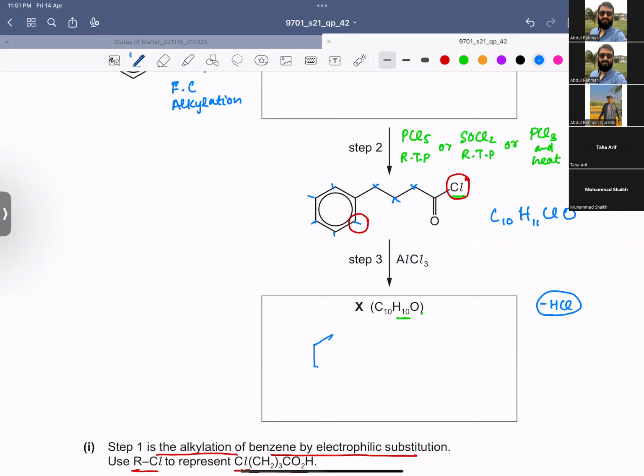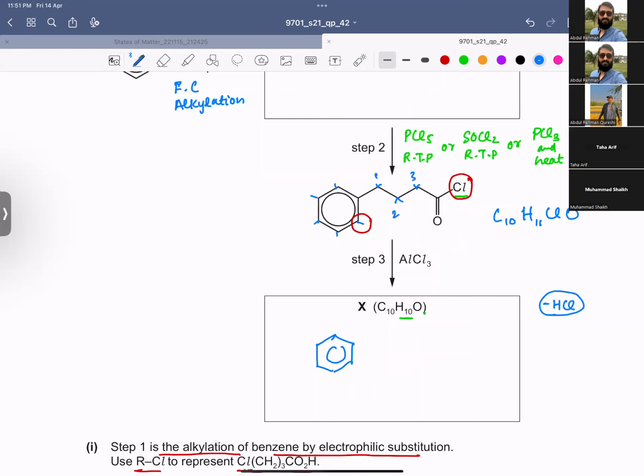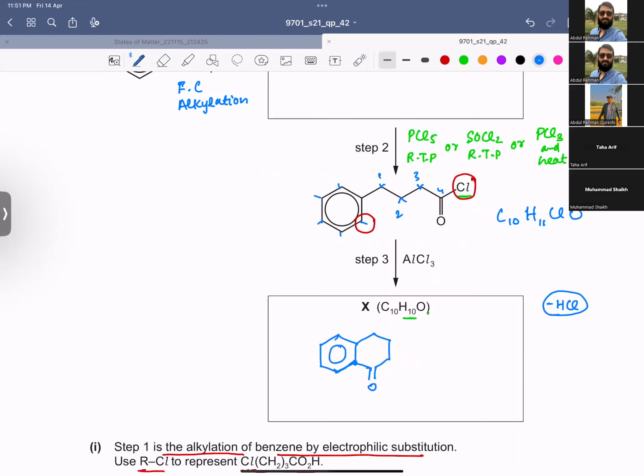And when this happens, see how many carbons? 1, 2, 3, and the fourth carbon, and the fourth carbon has a C double bond O. The Cl is removed from the fourth carbon, and the hydrogen is removed from the carbon of the benzene, and there is a bond over here. So this would be the possible structure of X. Is this clear to everyone?